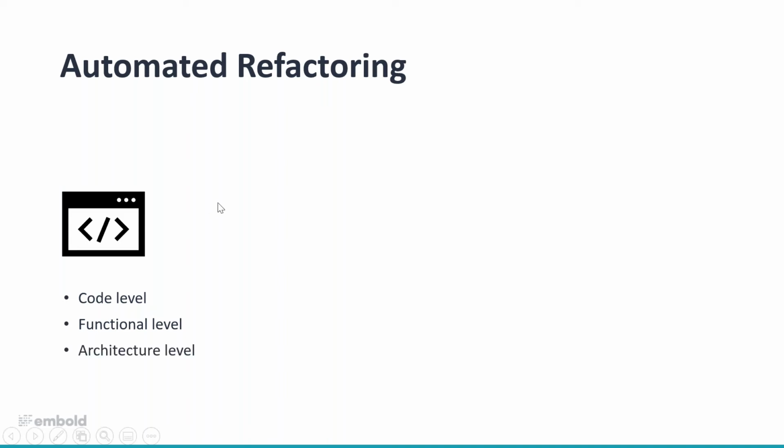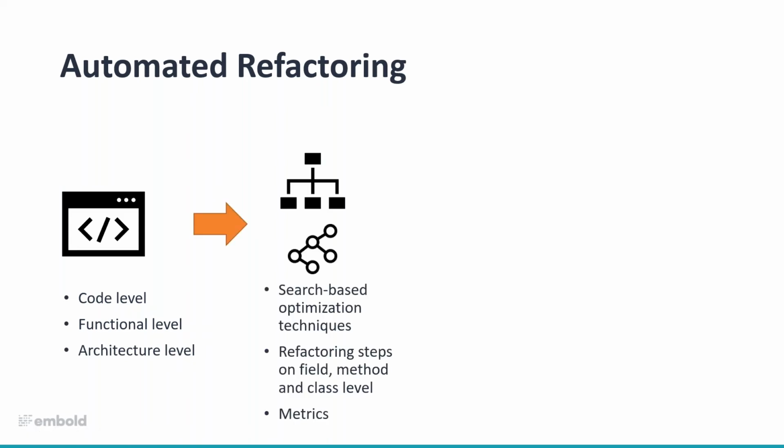If we talk about refactoring, it can be at the code level, functional level, or architecture level. If we have automated refactoring, the most important thing is to have a search-based optimization technique. We try to find the next refactoring step that gives a minimal cost and a good quality in terms of metrics.